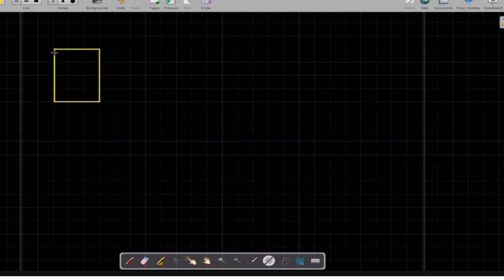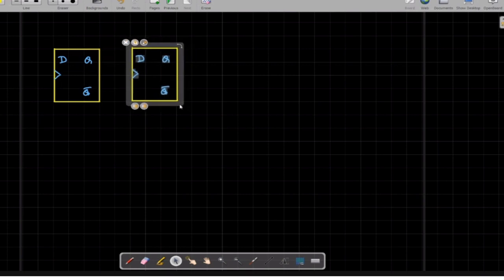So this is, in general, my D input, and these are the complemented and uncomplemented outputs, and of course one clock input is also there. We require 4 such flip-flops, so I am going to duplicate it like this.